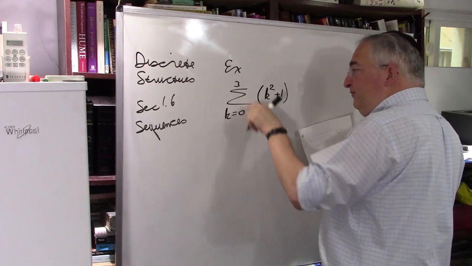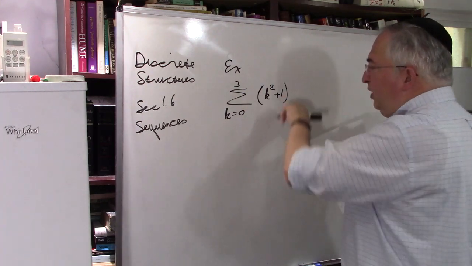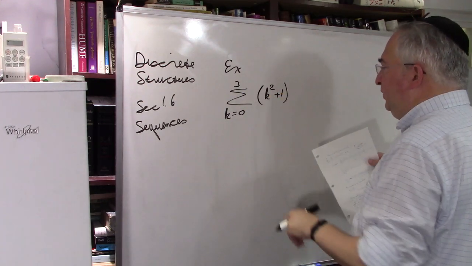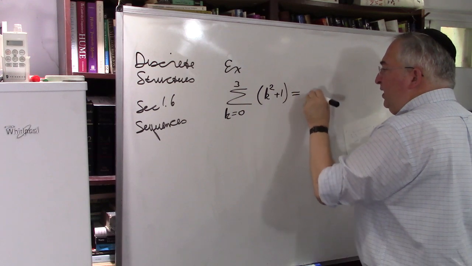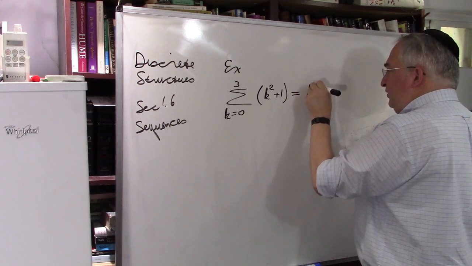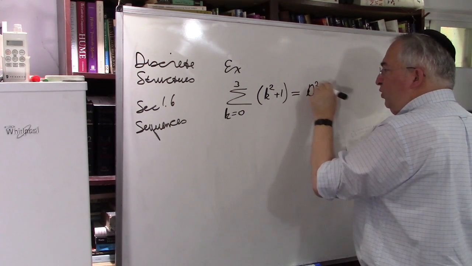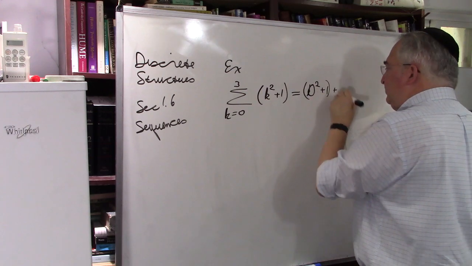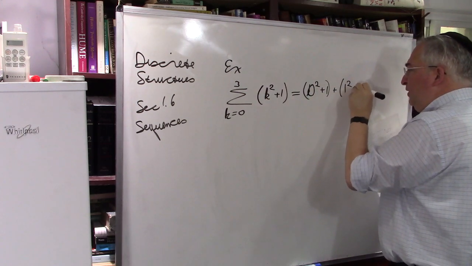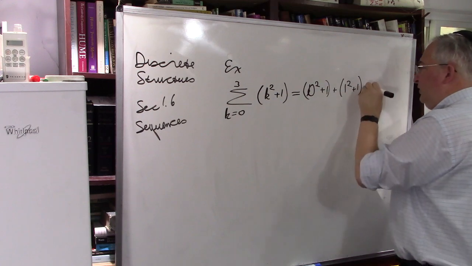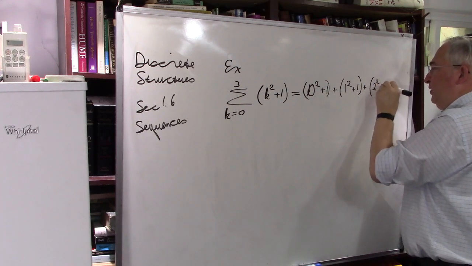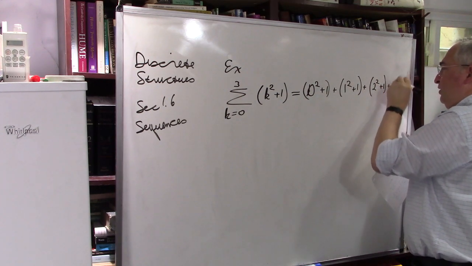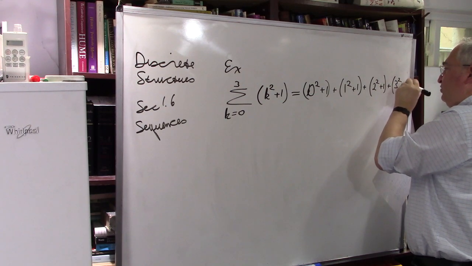What is the sum from 0 to 3 of k squared plus 1? This is the sequence that we're doing. So this is going to equal 0 squared plus 1 plus 1 squared plus 1 plus 2 squared plus 1 plus 3 squared plus 1.